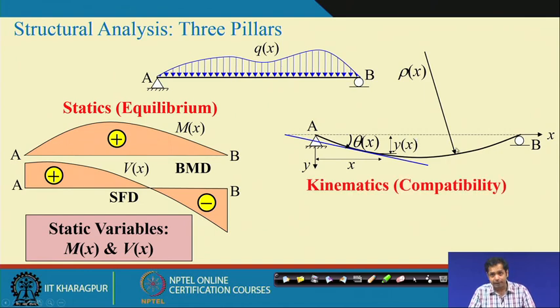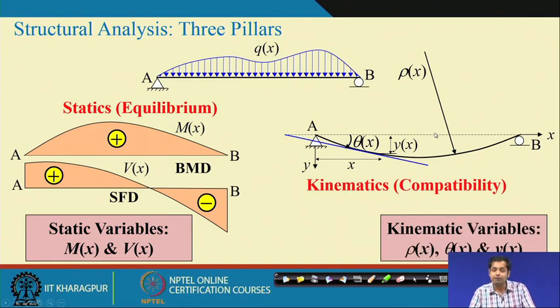This is called compatibility, and the process of finding this deformation is called kinematics. The kinematic variables in this case are the radius of curvature, the deflection at any point, and the rotation at any particular point.